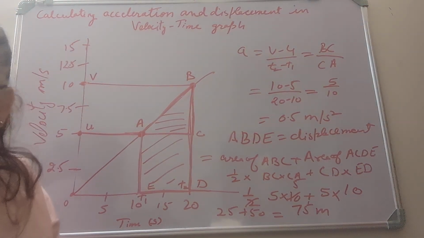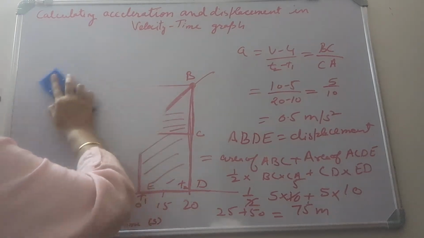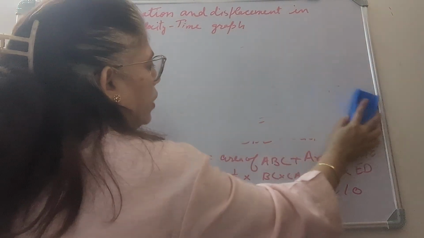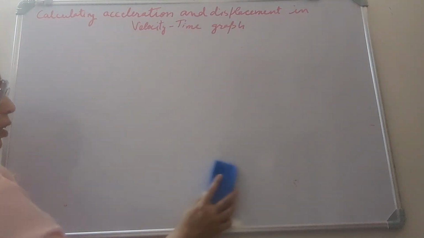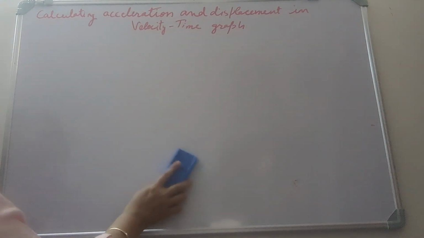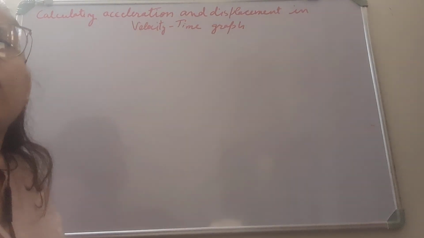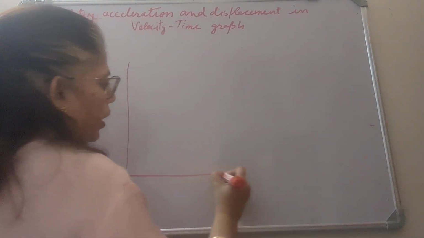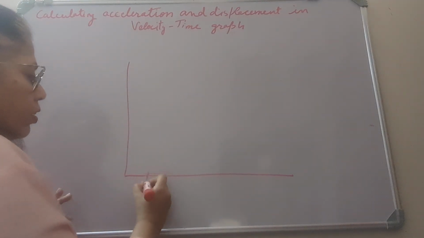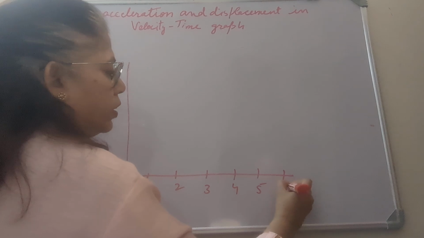Now, when an object is moving at a constant velocity, that is acceleration is 0, can you find the displacement? Yes, we can also find the displacement by this. Let's take an example where the object is at constant velocity, 6.